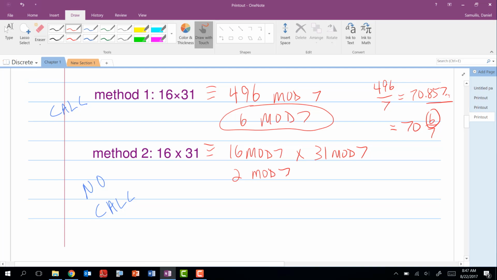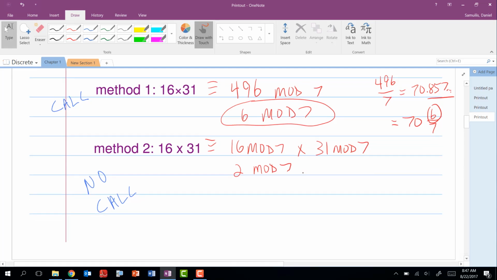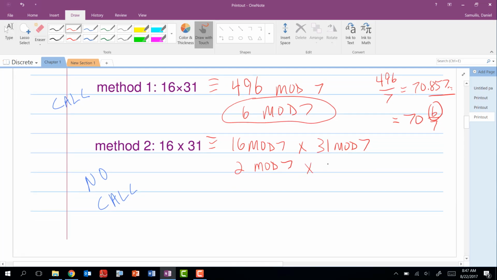What's 31 mod 7? How many times does 7 go into 31? 4. What is 4 times 7? 28. So what does that leave? 3. Then you can see why this is getting the same answer. What you do at the end is use this rule that if it's this and that, then you reverse it.